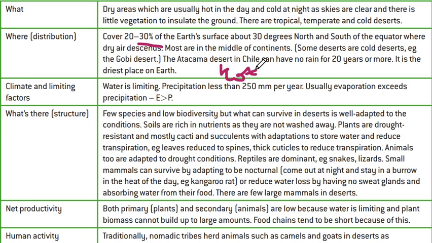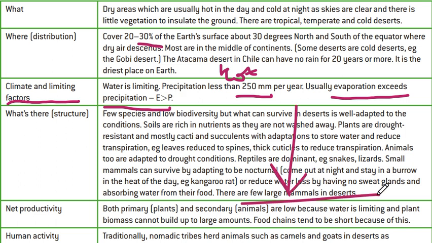Then we have climate and limiting factors. Water is limiting, precipitation is very low, and evaporation exceeds the precipitation. If there is even a little amount of rain, within seconds it is evaporated because of the high evaporation rate and heat.